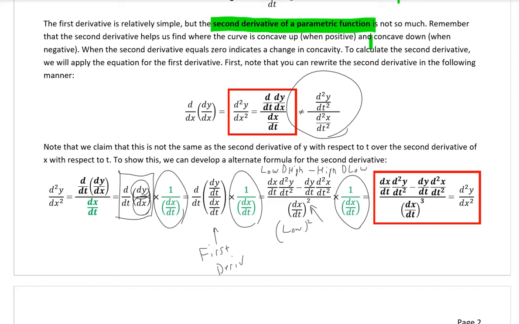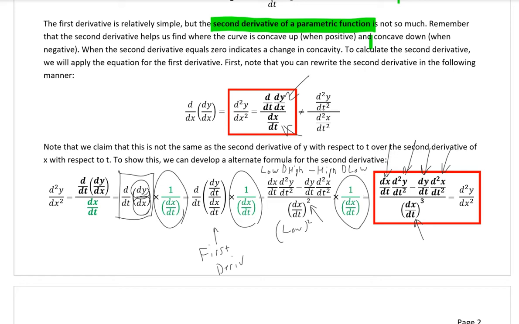And it's the one that I'm going to recommend that you use, simply because this formula involves the first derivative and the second derivative of both x and also y. Those are the only things that you're going to need to know to solve this. Whereas the original formula involves dx dt, which you probably already knew to solve the first derivative, but then you have to take a derivative of the first derivative, which may be complicated.